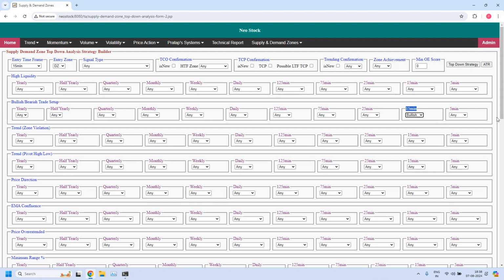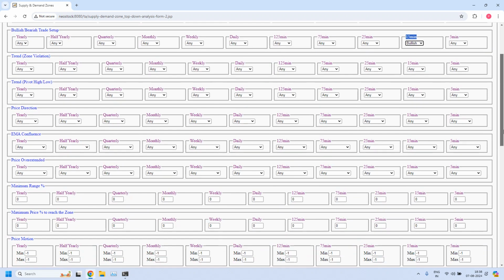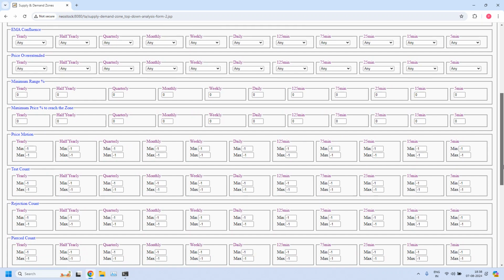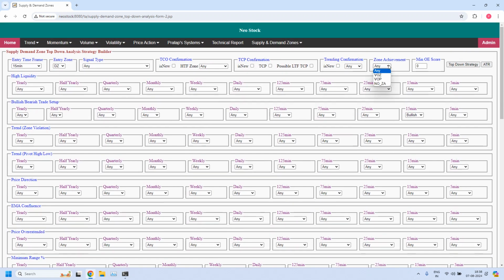Before generating the report, we need to add 3 filters. The 15 minutes demand zone should not be pierced. So in the 15 minutes time frame, pierced count minimum value I am setting 0, maximum value 0, and zone achievement should be violated opposing zone, minimum odd enhancer score should be 12. With this, all 3 filters are applied to the 15 minutes demand zone.